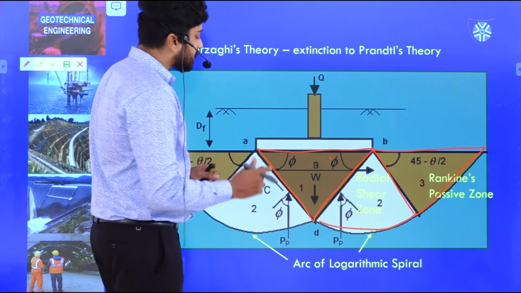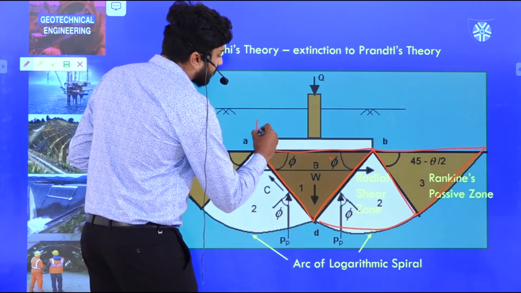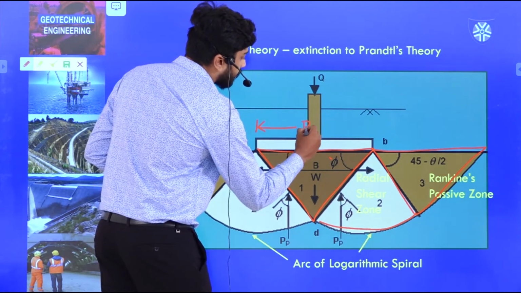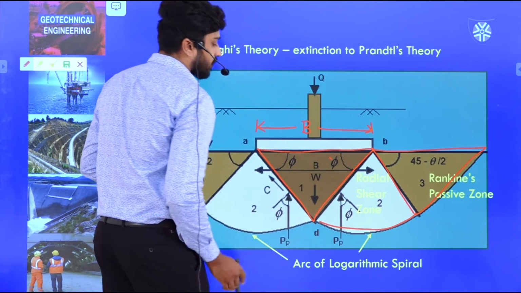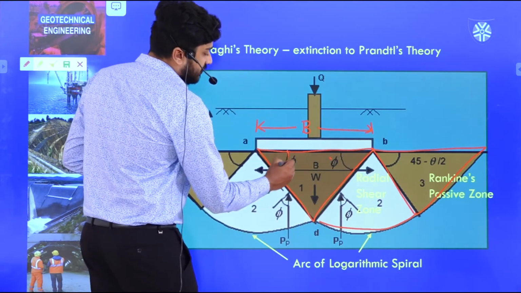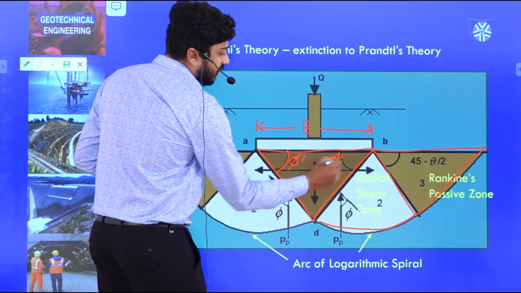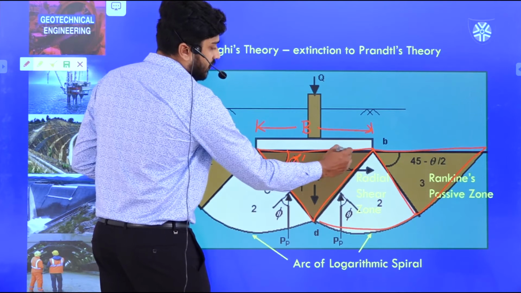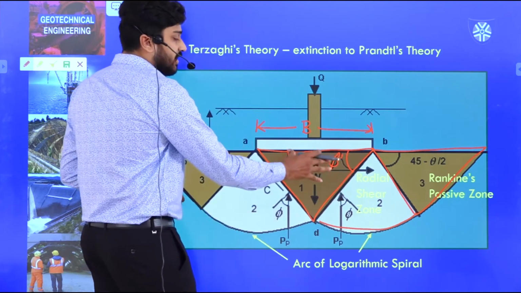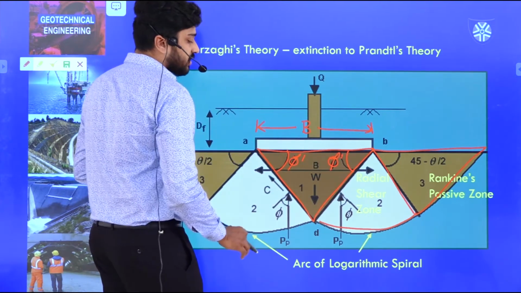Let us consider the width of this foundation as B, and this angle is phi dash, and let W be the self weight of this wedge alone.